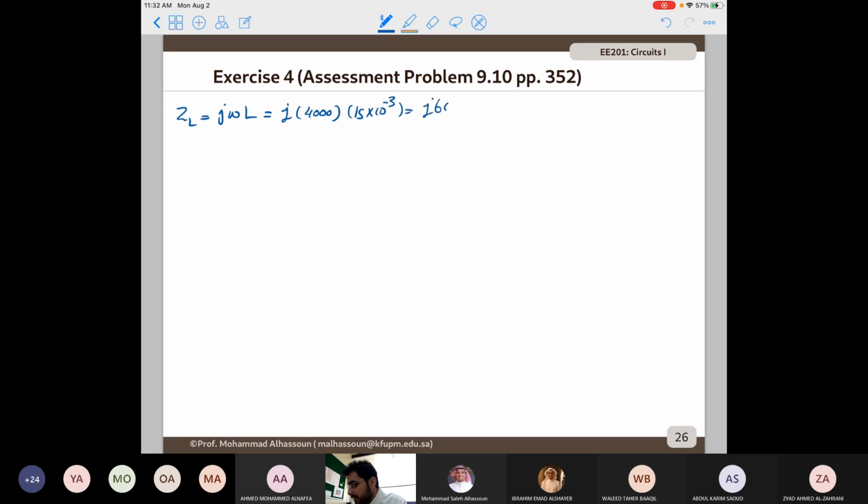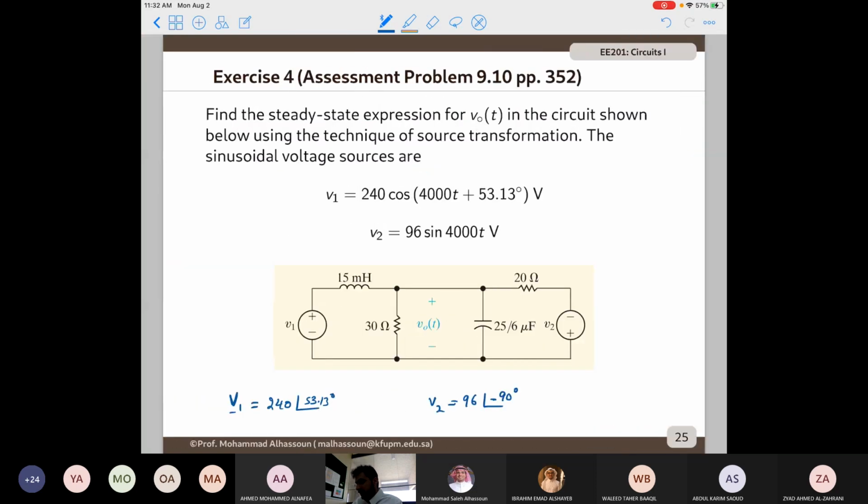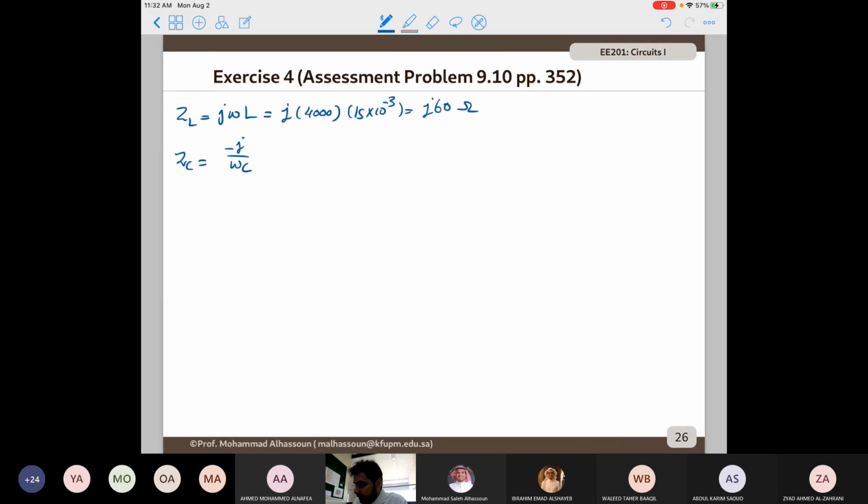This is going to give us j60 ohm. For the capacitor, the impedance is minus j divided by omega C, and we're given that the capacitance is 25 divided by 6.